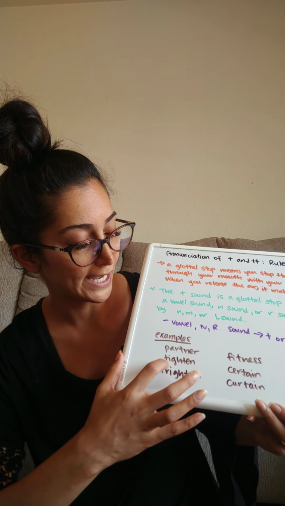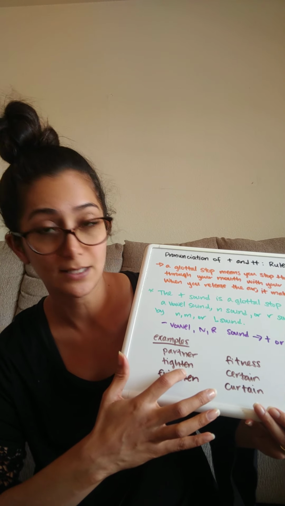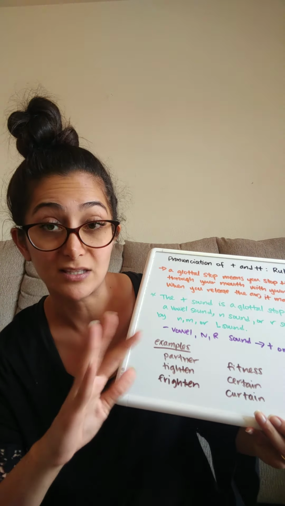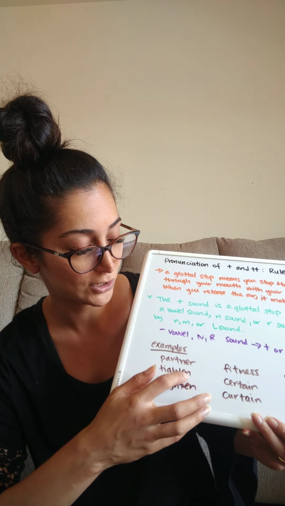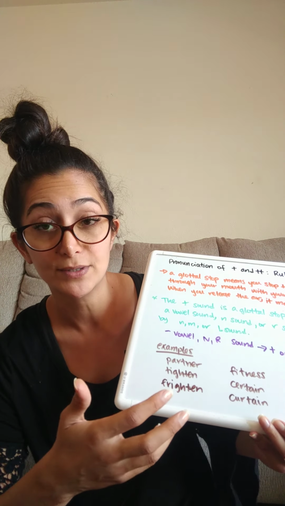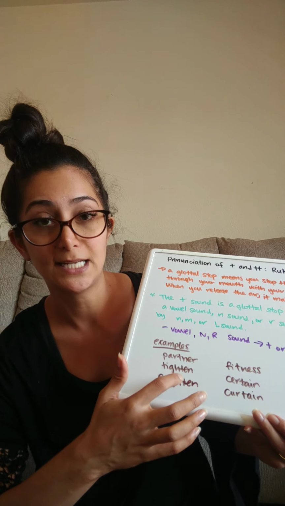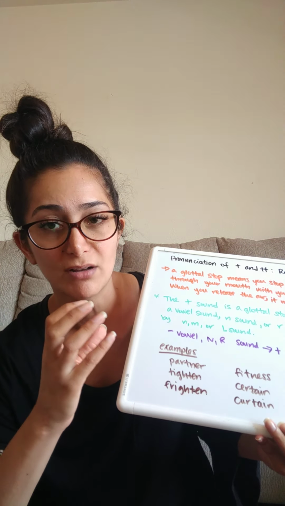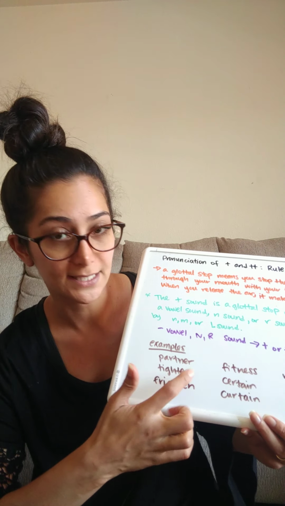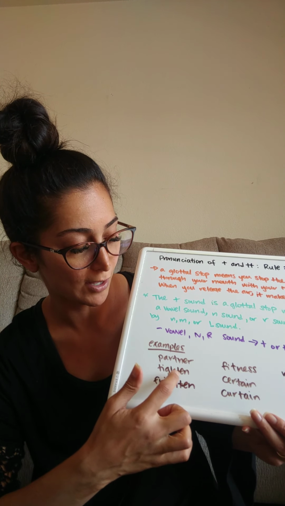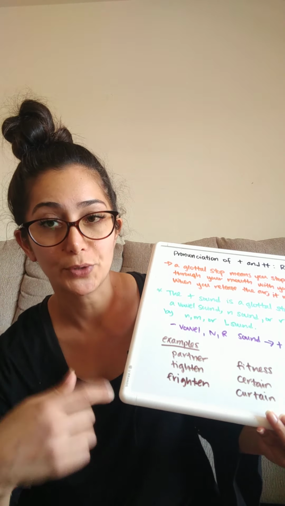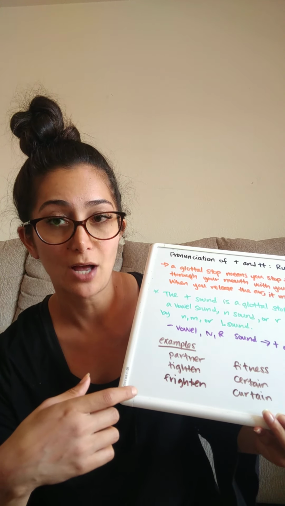Okay, so tight, but actually this is not a full vowel, so we're just going to omit this vowel actually, and so it's going to be an N sound that follows. Tighten, tighten. Okay, so there's a schwa in there, but it's not a strong vowel, so we're going to go with the N sound. So before there's a vowel, and after there's an N sound, and there's that T in the middle. So we're going to create that glottal stop. Tight.